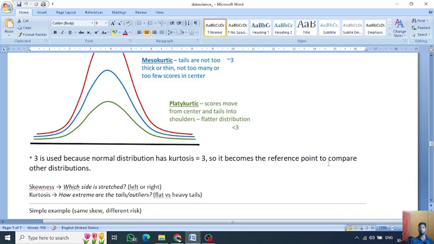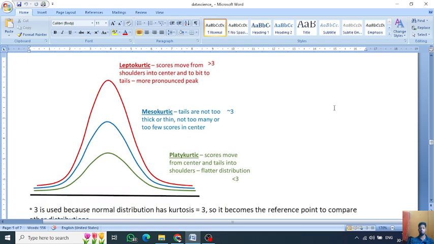So it becomes a reference point to compare other distributions. Later I'll come to the normal distribution. Don't worry, for now just have the basic knowledge of it.